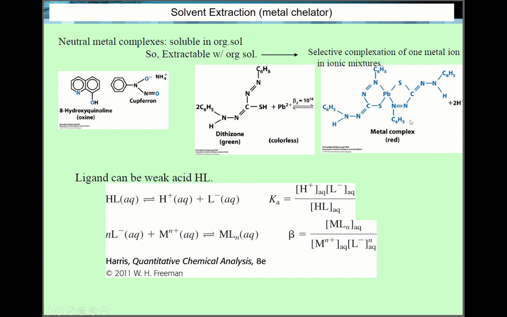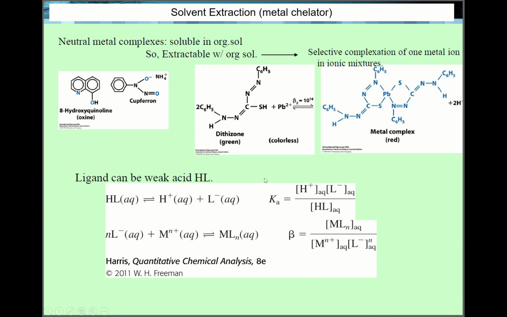And the ligand can be a weak acid, HL. The ligand itself, in many cases, is an acid, but a weak acid. For example, this one produces protons after complexation here.